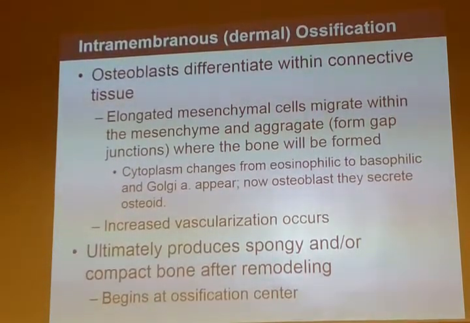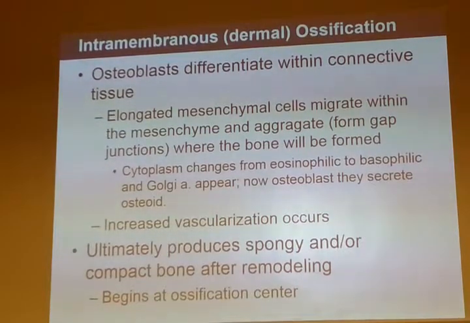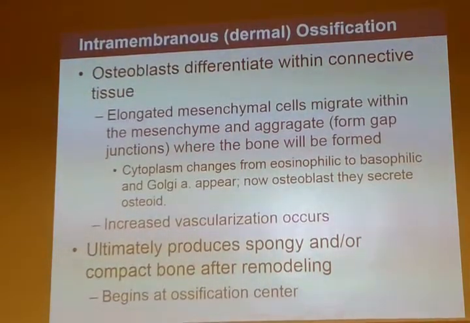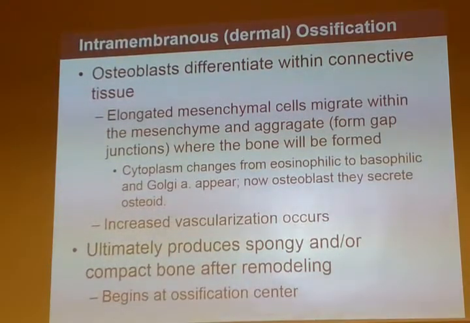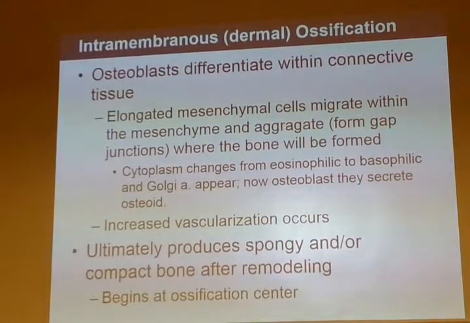There will always be an ossification center, and when you look at the bone as it's starting to form, it reminds me of when you're in the lab trying to culture bacteria. You get the bacteria and you place them on the agar, and then as the bacteria multiply, they grow out away from that center.